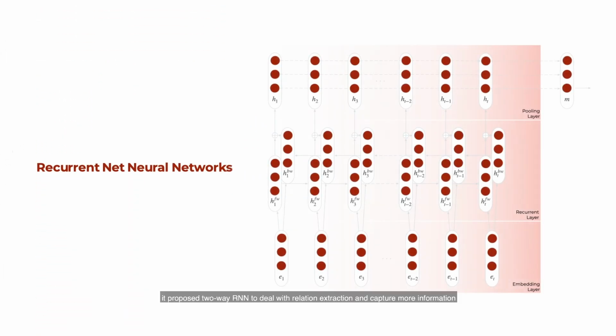For the recurrent network, it proposed a two-way RNN to deal with relation extraction and capture more information. At the same time, it is particularly capable of learning long-distance relation patterns.